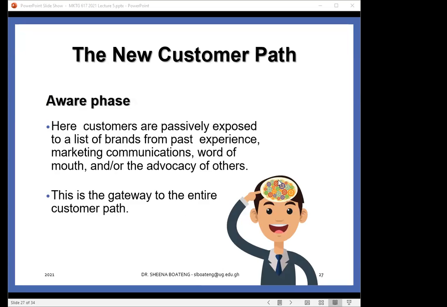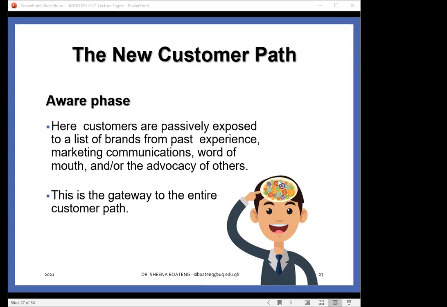Here at the aware phase, customers are passively exposed to a list of brands, either from past experience or through marketing communications that we as e-marketers put out there on the internet using various forms of paid, owned, and earned media, which we are creatively combining to communicate our offering and the value that we are giving to customers.